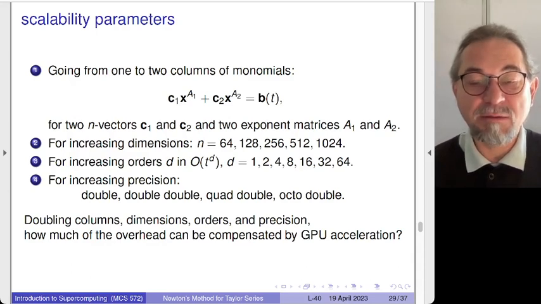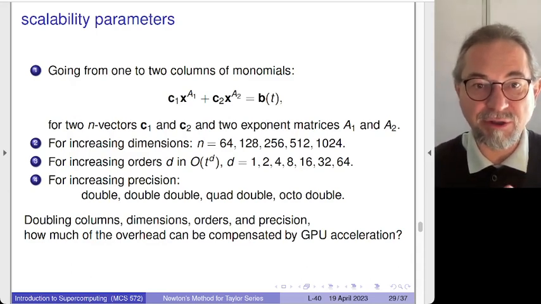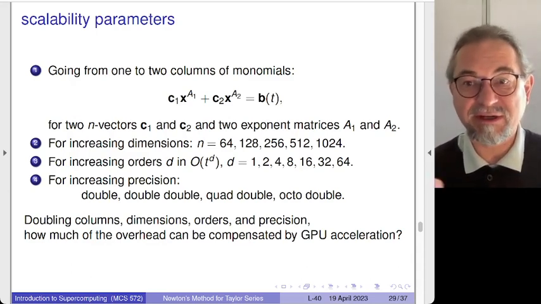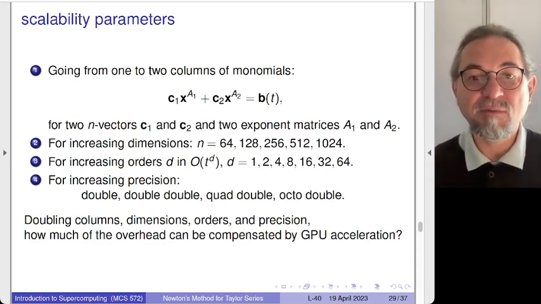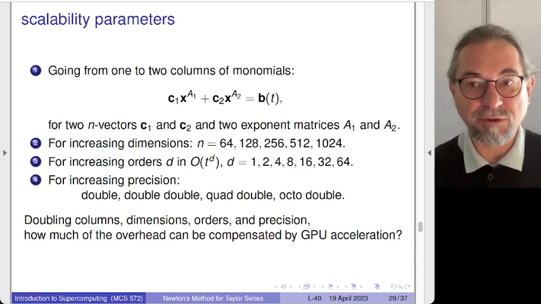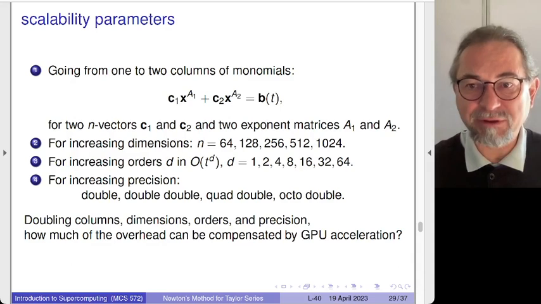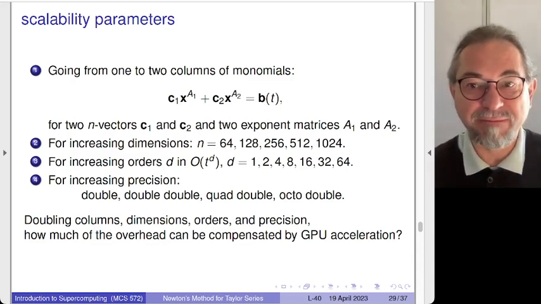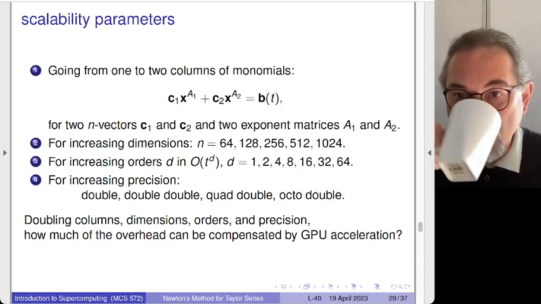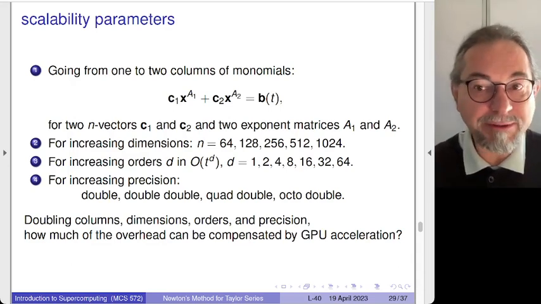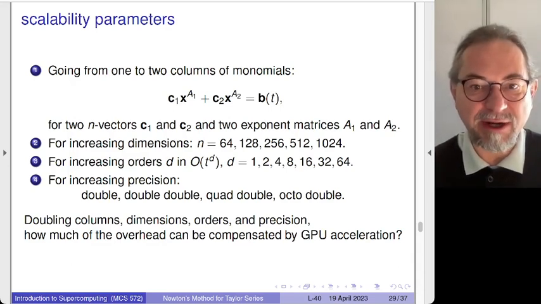Okay, monomial homotopies. You can also ask, but wait, these are actually, I should have warned you, not at all an application then. Well, if you go to 2 columns or many columns of monomials, then actually you have general polynomial systems. And the question that we asked earlier, what is actually now the bottleneck? Is it monomial evaluation and differentiation? Or is it the linear algebra?